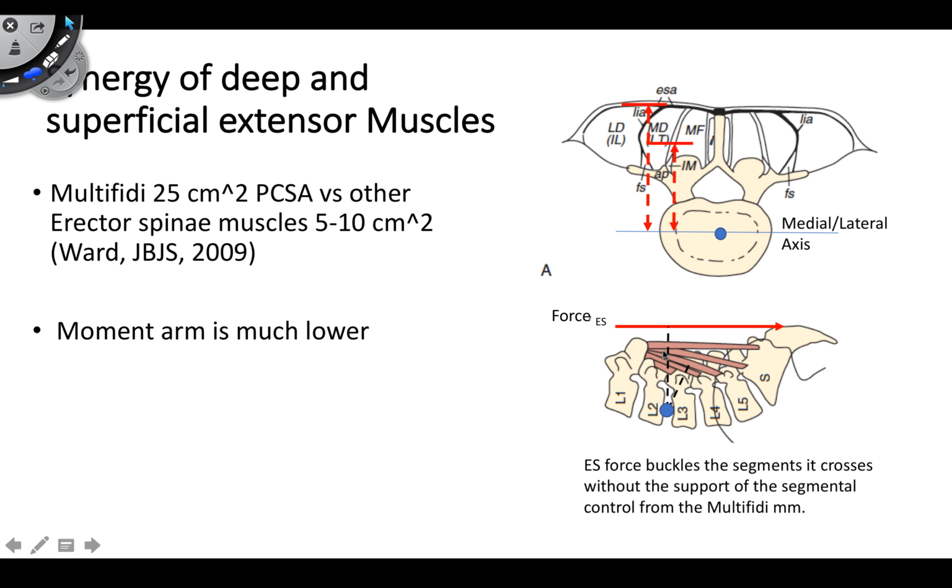And so during the transitions from standing to forward bending and from forward bending to upright, it's important that we have both these long muscles that have great power and torque, and these smaller muscles that are intersegmental to control spine motion.